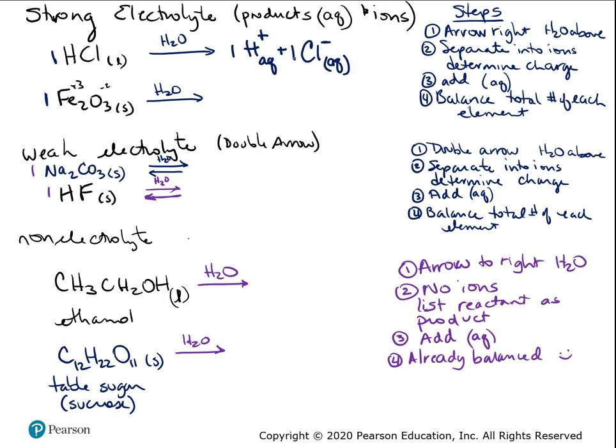But now, what about Fe2O3? If you put Fe2O3 in water and it's a strong electrolyte, it's going to split. And so what's one of the ions you'll get? The oxygen. And you know the charge on oxygen is, it's in group 6, so the charge will be a minus 2.